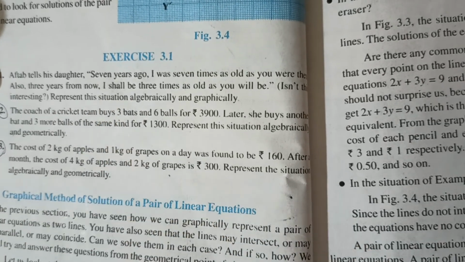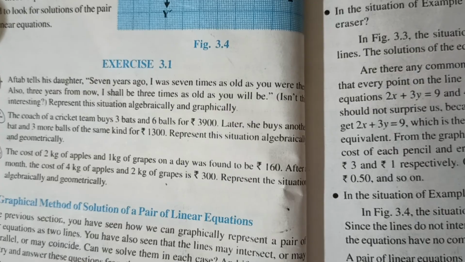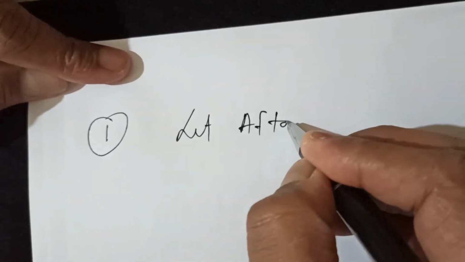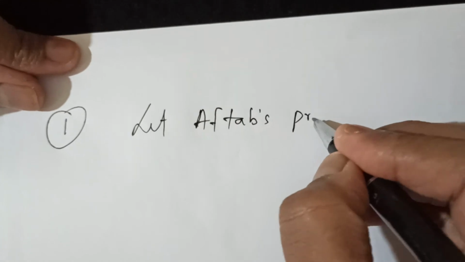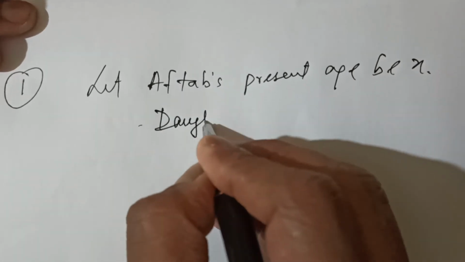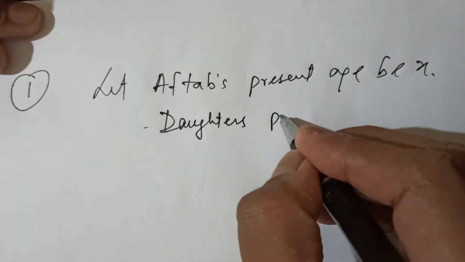So to start with this question, let Aftab's present age be x and daughter's present age be y.